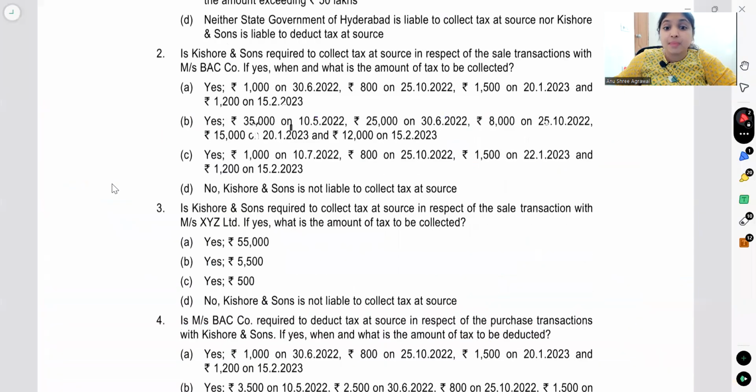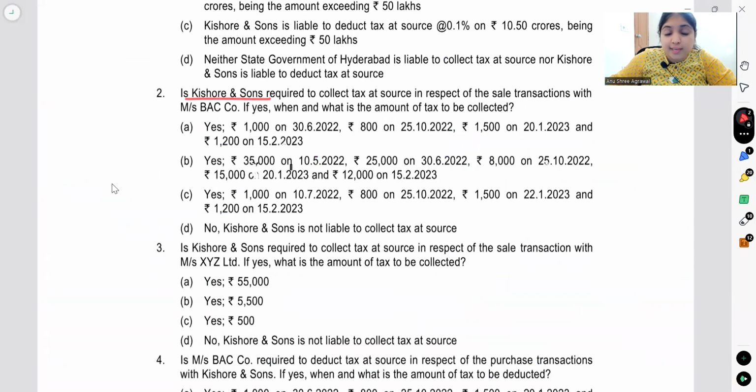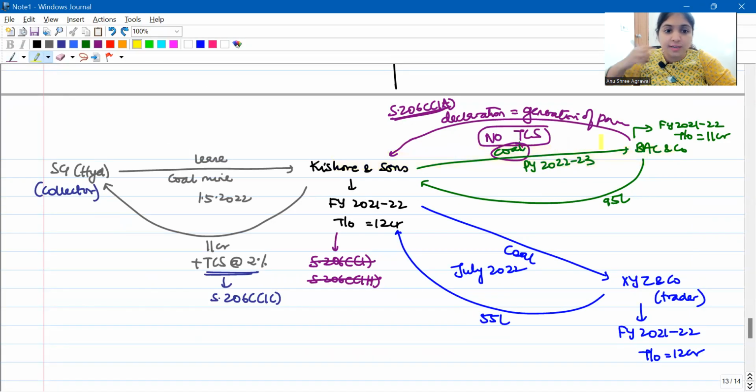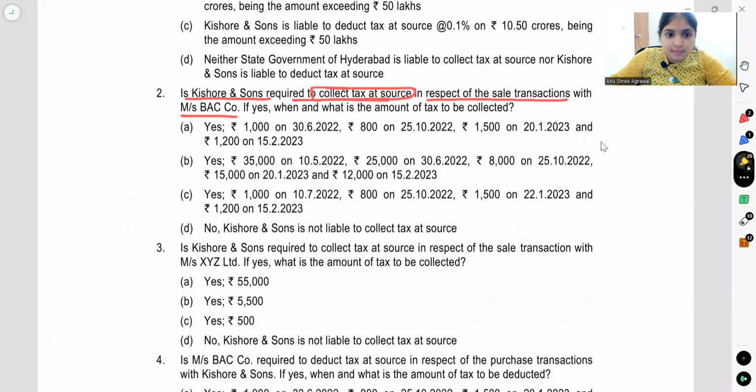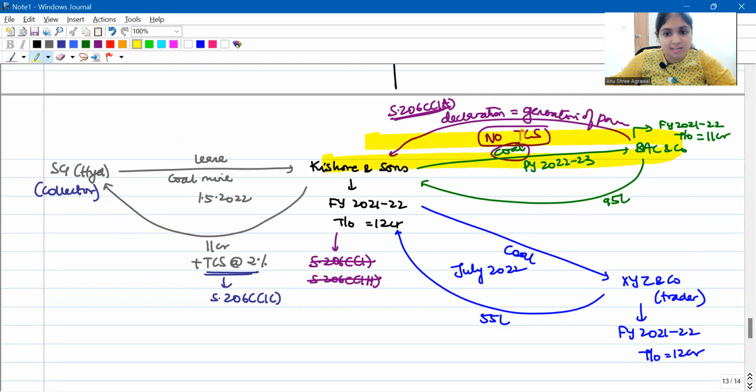First question, simple. Second question, is Kishore and Sons required to collect tax at source in respect of sale transactions with BAC & Co, and if yes, when and what is the amount of tax to be collected? They're asking us about Kishore and Sons and BAC & Co. Now, in this transaction, we've already discussed that there will be no TCS at all because BAC & Co has given a declaration that I am not going to resell the goods.